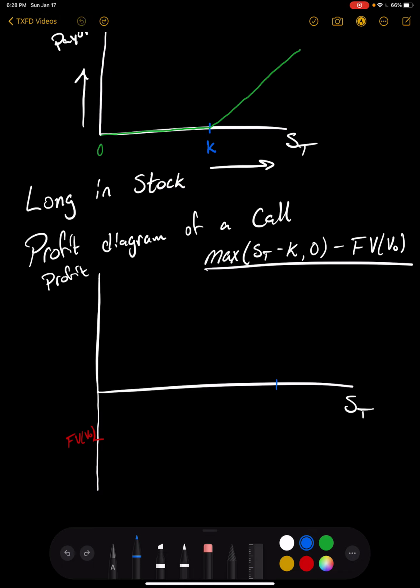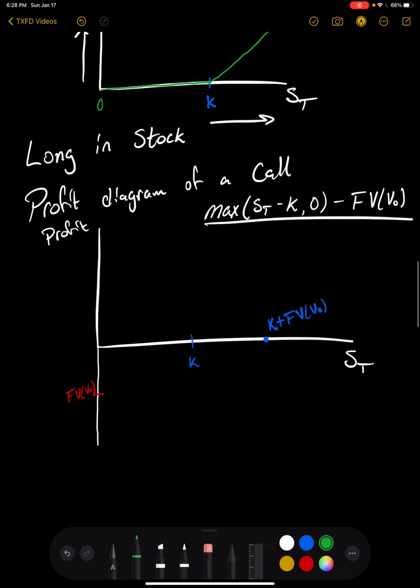Maybe I need to back that up a little bit. Let's put K back here. Until we hit K, we're not going to start increasing. Once the stock price is equal to the strike plus this future value of the initial cost, we're going to cross back over into having a positive profit.